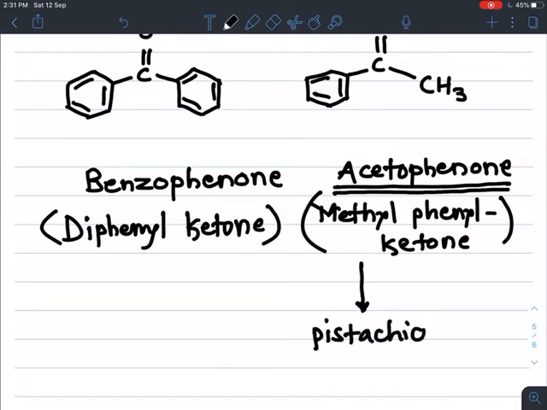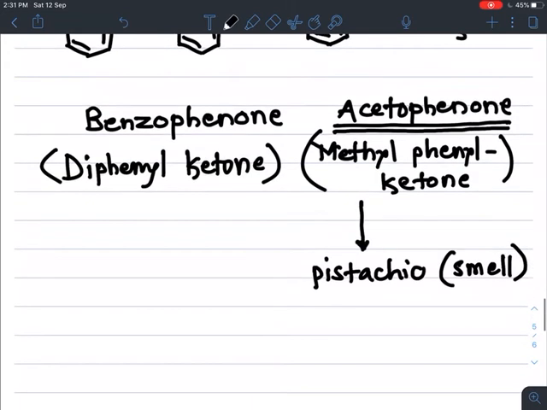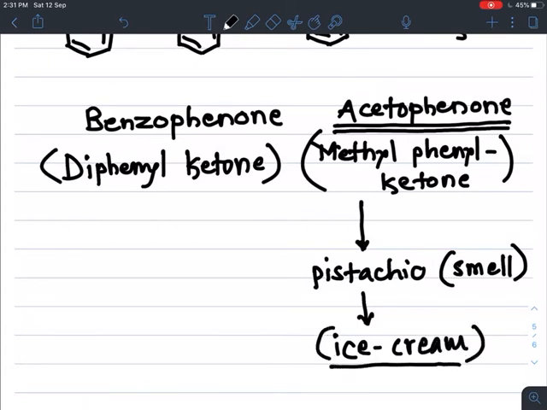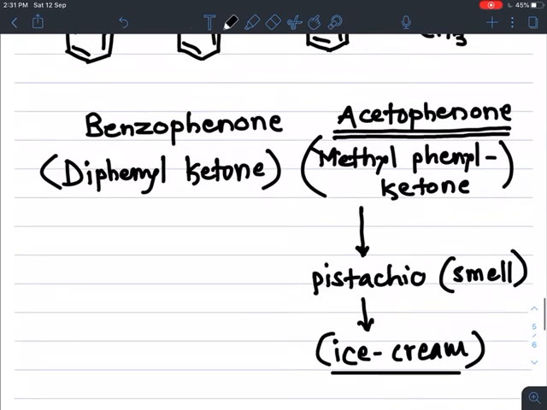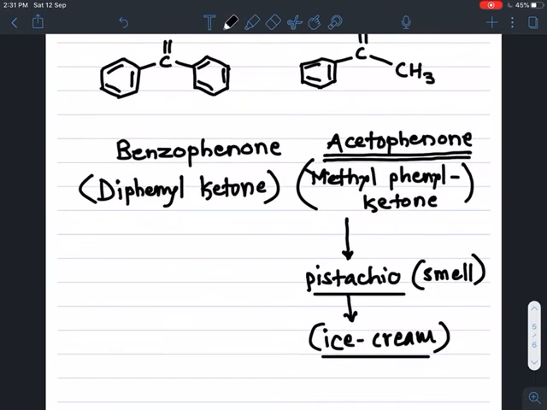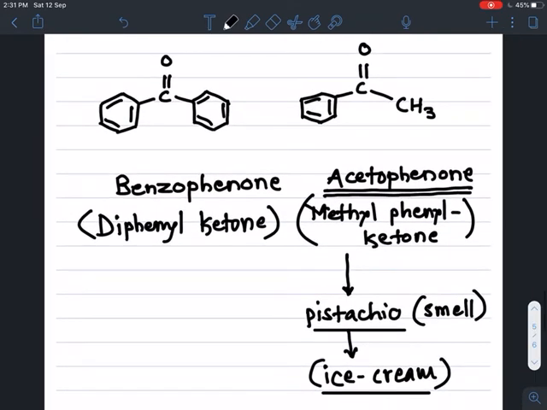Due to this pistachio smell, it is used in, you know about it, pistachio ice cream, and many students like ice creams, so you must know about it. In pistachio ice cream, which ketone is present? Acetophenone. Acetophenone has a smell of pistachio, and therefore it is used in pistachio ice cream.